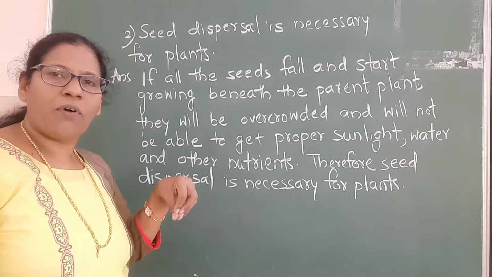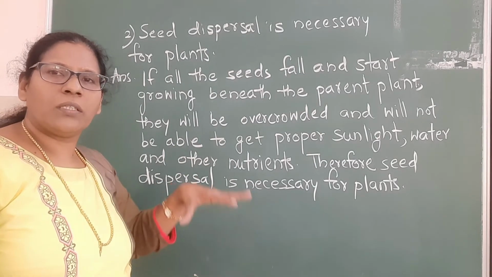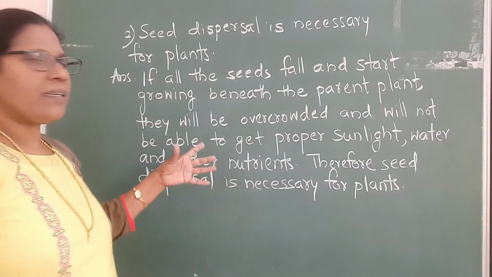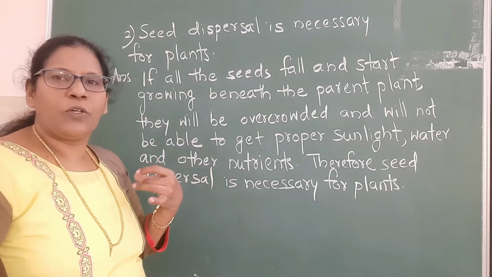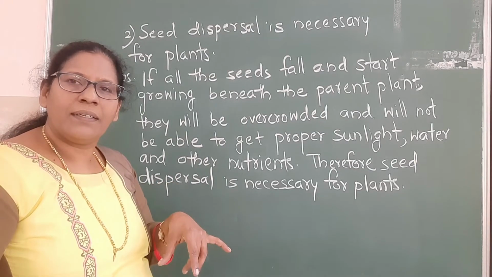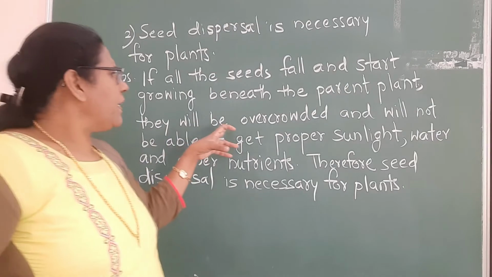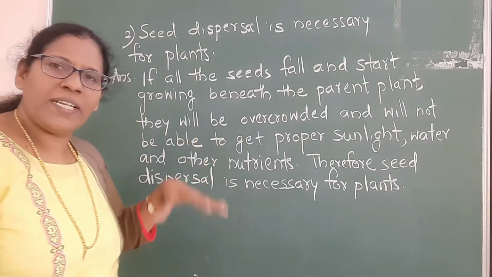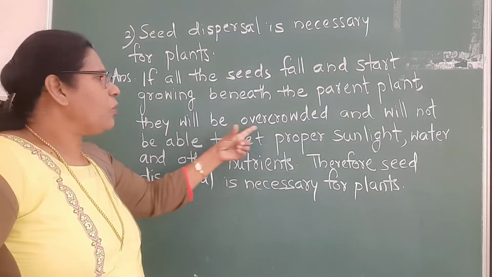Tulsi's seeds will fall beneath the parent plant or the mother plant, and then they start growing. So many new plants will grow beneath the parent plant, and then they will be overcrowded.